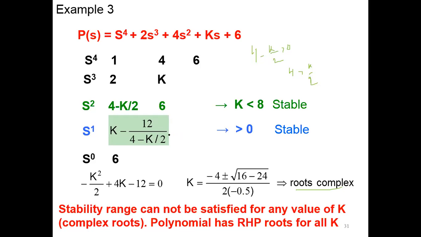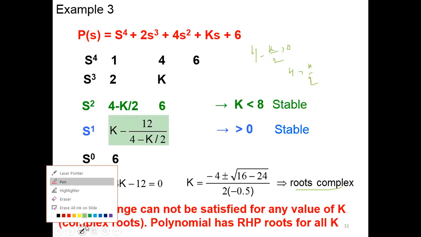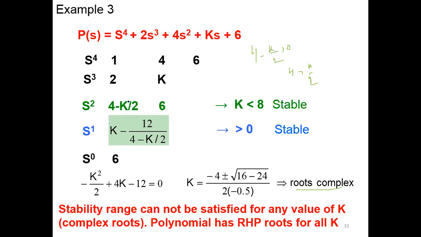Let's suppose we take the value of k equal to 2. For example, here we have 2. So we get 3 here, less than 8, the condition is satisfied. But here we will have 2 and again 2, 1, 3.